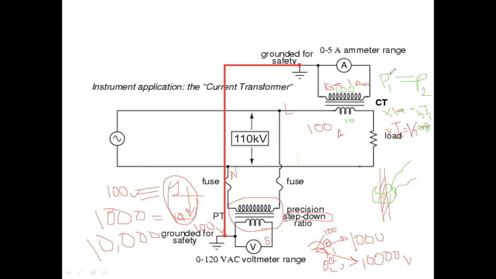Then P1 and P2 will be the same. So in this case, I is high, so in the secondary we need to increase the voltage. Then we get the I in a lesser form.